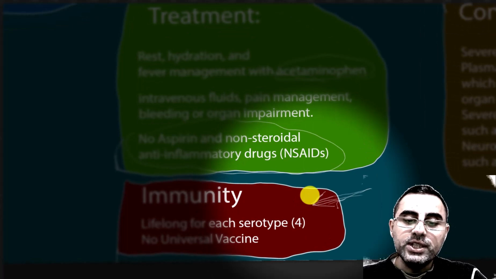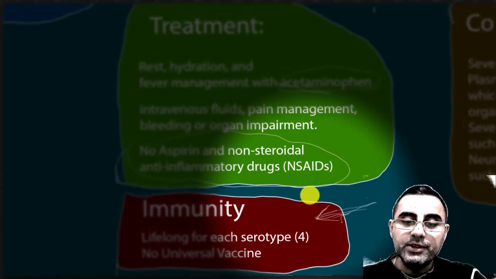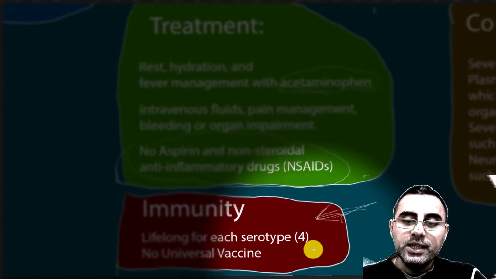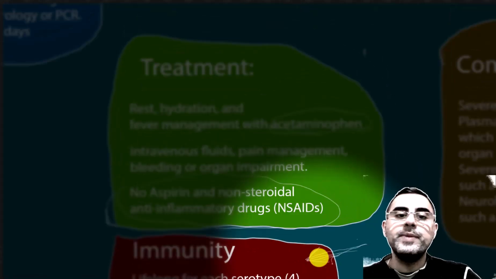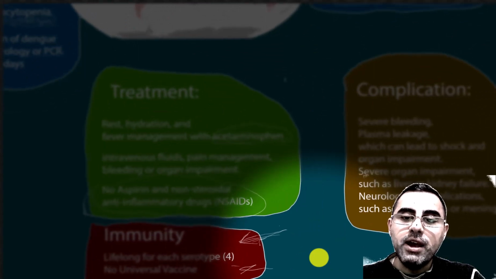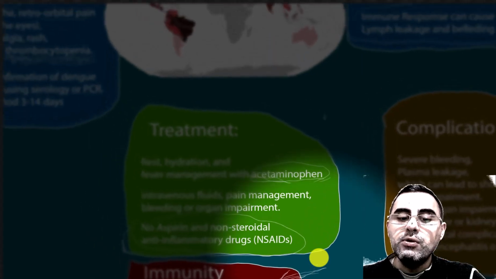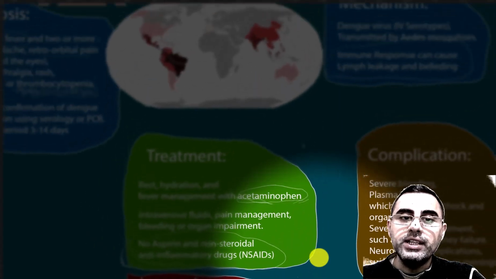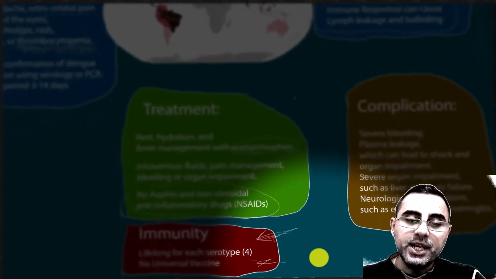there is no universal vaccine, and there is no vaccine recommended for every person universally. It is recommended specifically for specific regions and specific age groups. Usually, complications are higher in children under the age of 15 and people who already had dengue fever and now are infected with a different serotype.